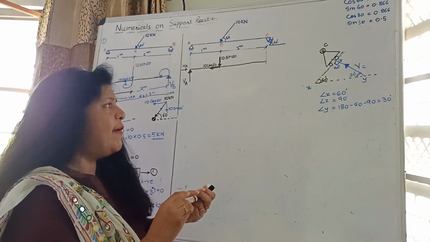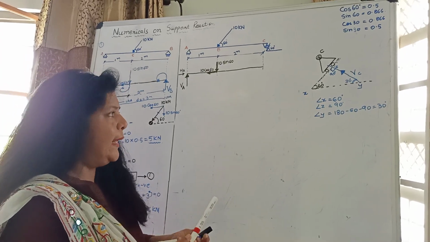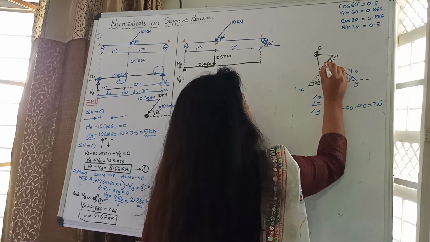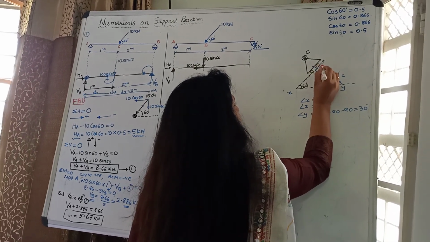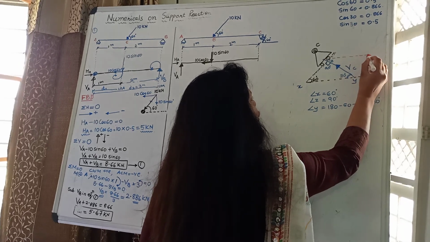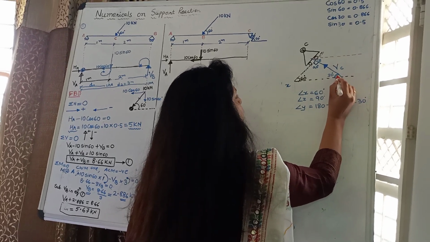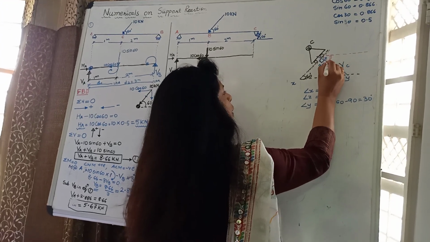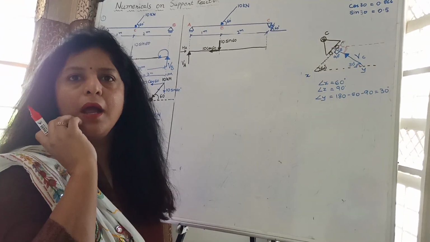Now if I draw a line parallel to XY from this point, and this angle is 30, what should be this other angle?